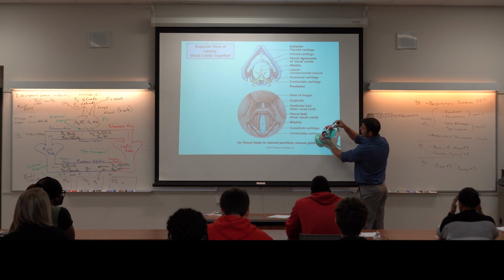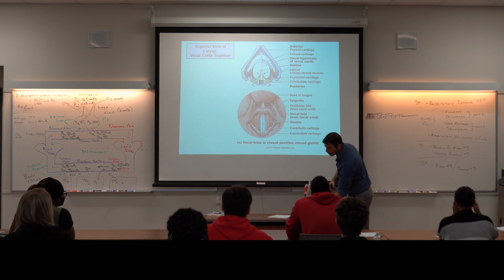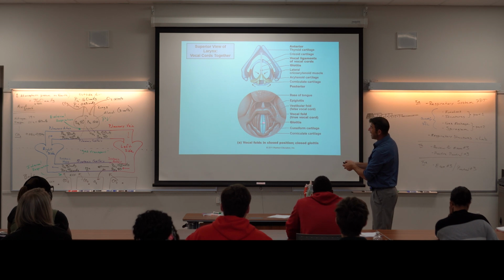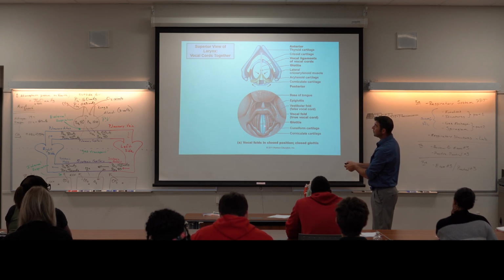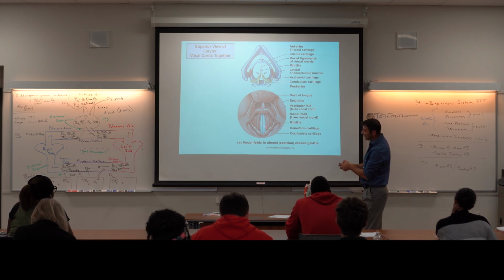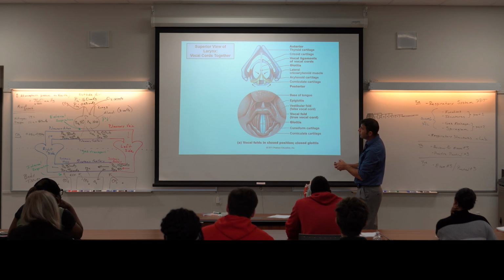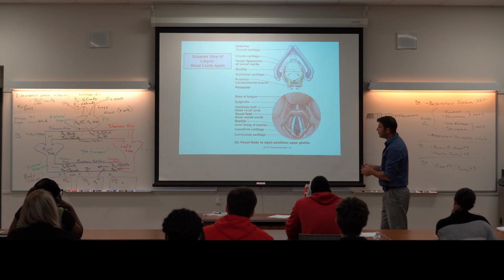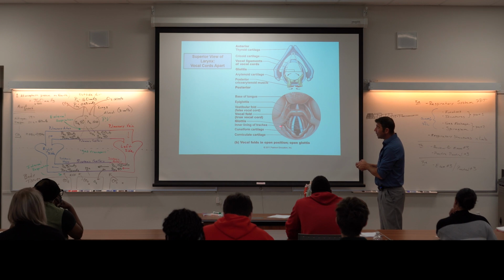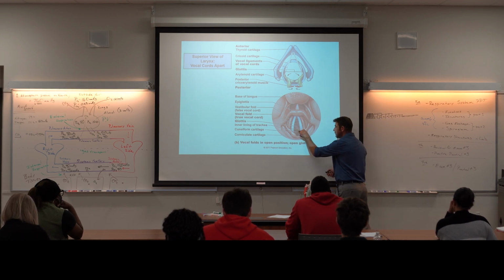Hopefully you can see the red marker that I used to draw on either side of these vocal folds. That opening right there is called the glottis. That's the opening in which air would drop down into the trachea.